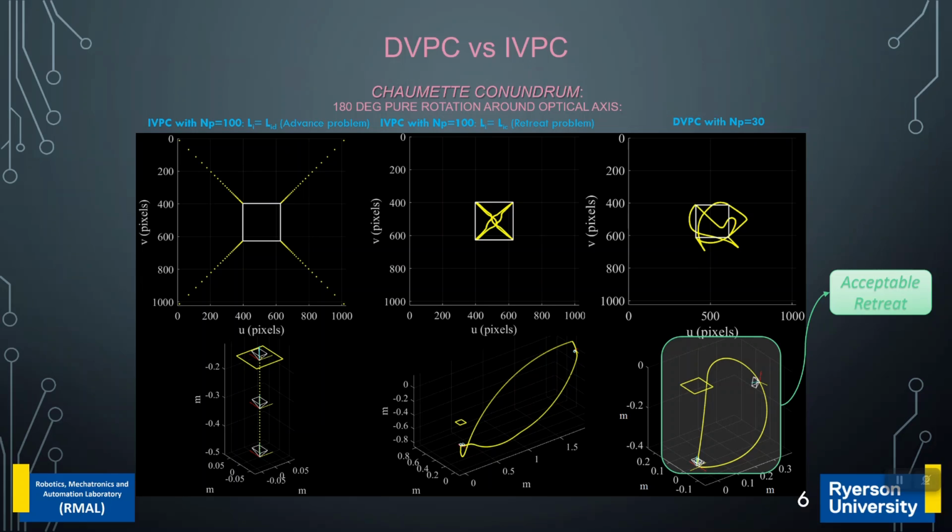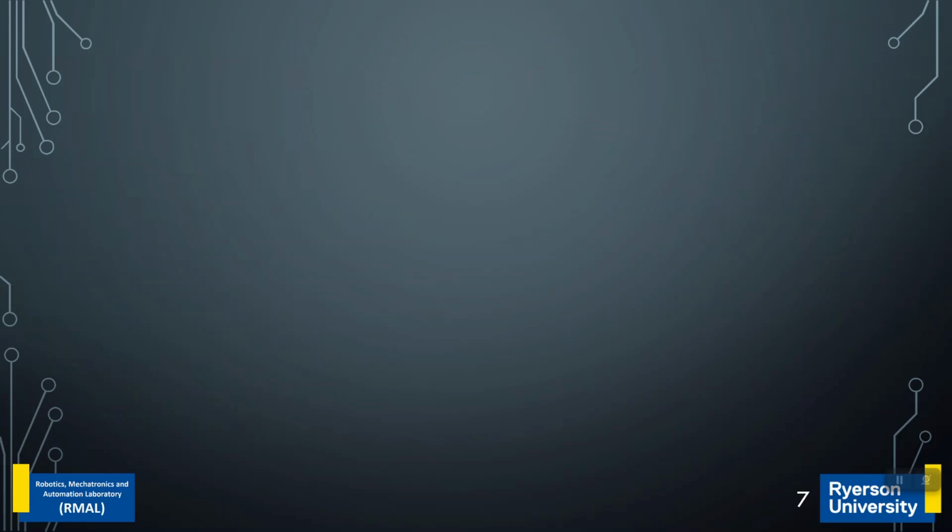In the Chaumette conundrum, which is the 180-degree pure rotation around the optical axis, the control of a free-flying camera by IVPC will fail due to unbounded retreat or advance problems. In DVPC, due to having direct control over the target point's depth, the camera rotates 180 degrees successfully.